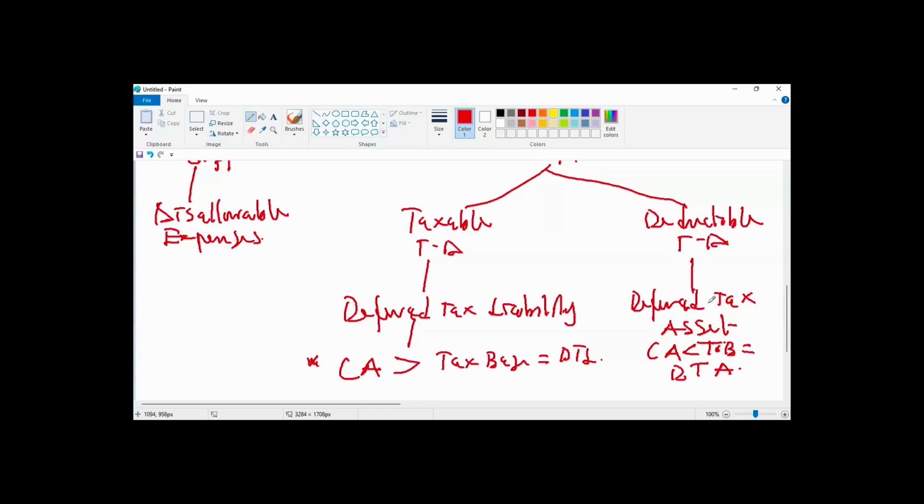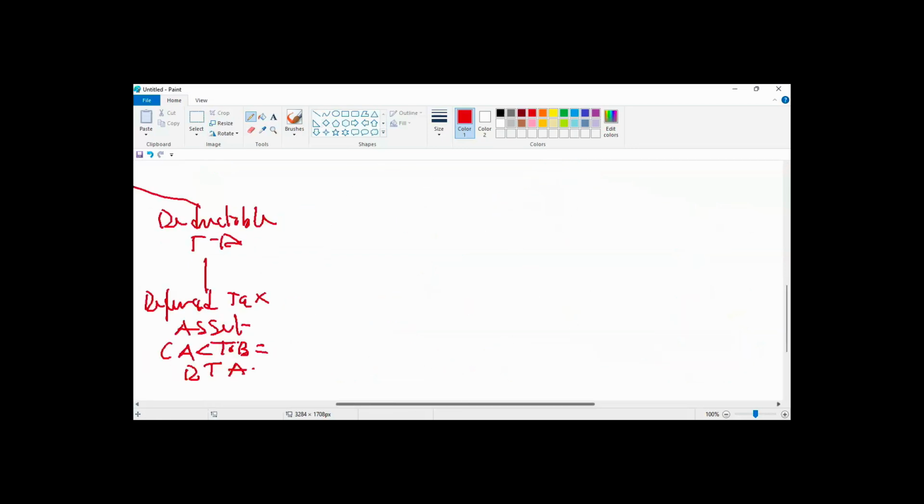For example, let's say in our books, PPE has a carrying amount of 100. The tax base is 80. Has it created a temporary difference? Yes. Is it a deferred tax liability or deferred tax asset?